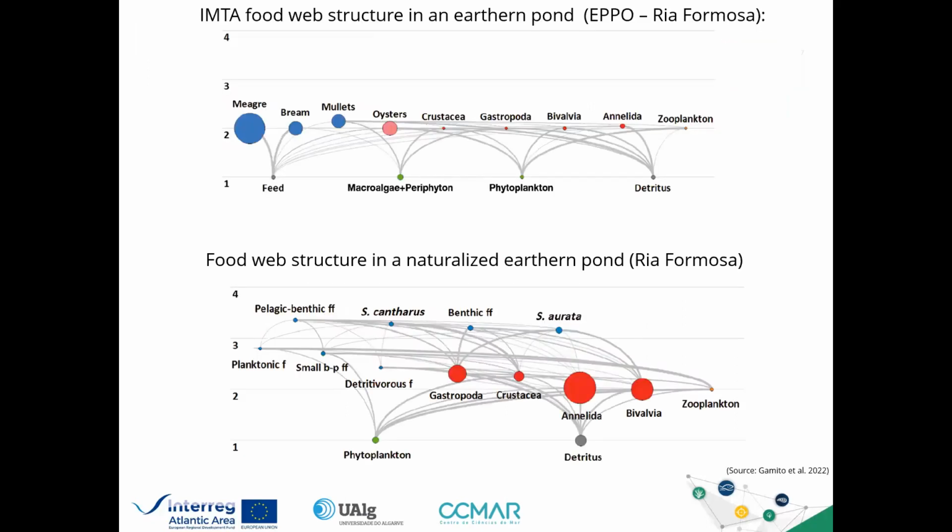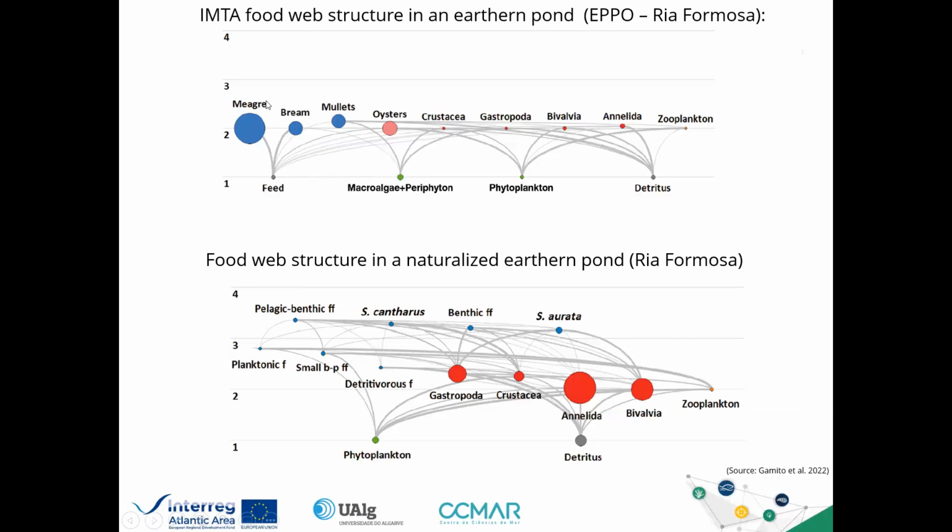We have already developed a food web model using other software. It's not a dynamic one, it's an average of what we think happens during a year in an earthen pond, and we can see that the ponds, or the IMTA, are a much simplified version of the trophic web that can be seen in the nearby coastal lagoon, and we can compare.